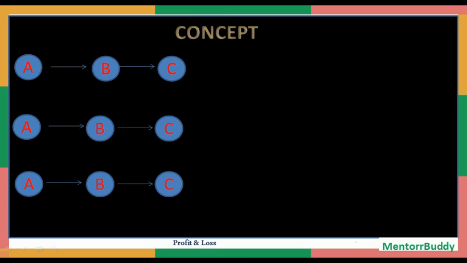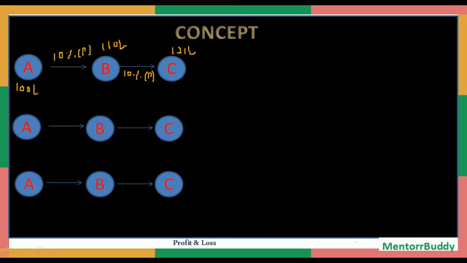Let's say A sold his 100 lakh property first at a profit of 10% to B. So for B, it will cost 110 lakh, right? Then B further sold it at a profit of 10% to C. For C, it will cost 121 lakh. This is the first case.